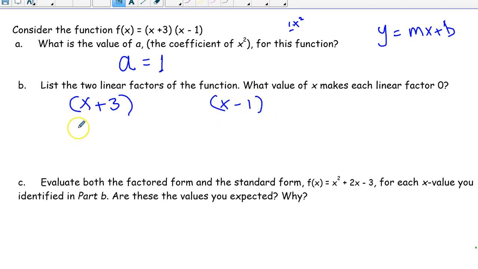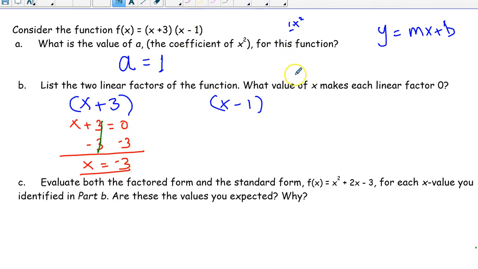Now find the zeros. So in order to find the zero, I'll write x plus 3 is equal to 0. Take away 3 on both sides. So x is equal to negative 3. What happened here? This 3 got cancelled. Right?